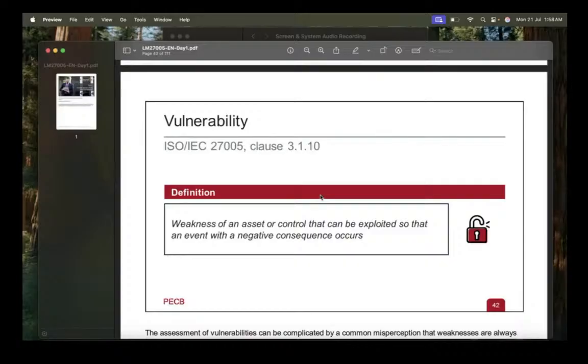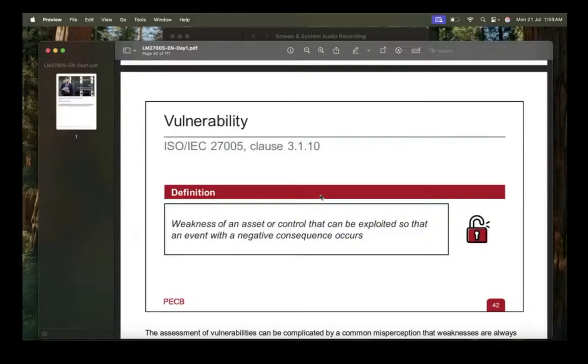So, for example, if there is any asset or any process that is weak, that does not have proper protection, or does not have any risk mitigation policy, it does not have anything like that, then it is a weakness and it can be exploited.